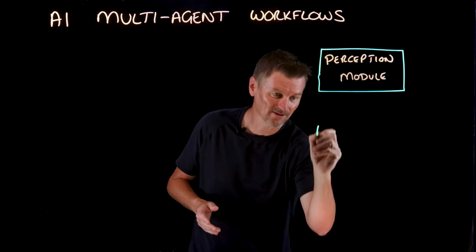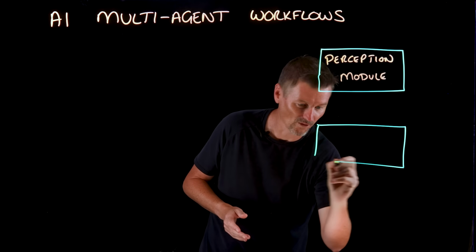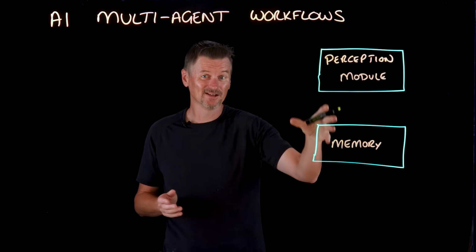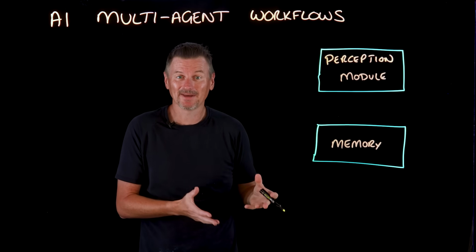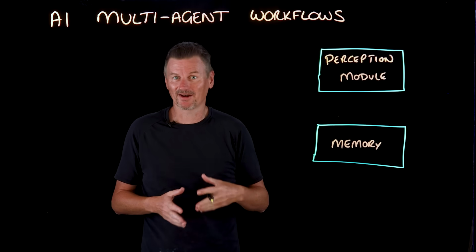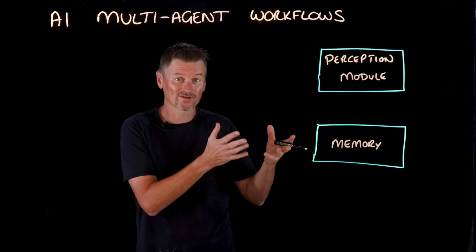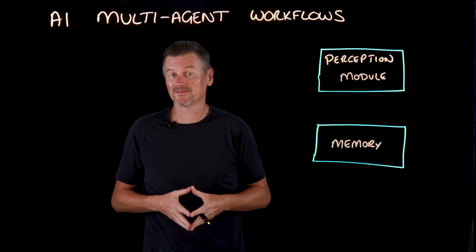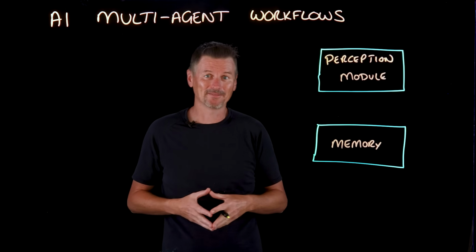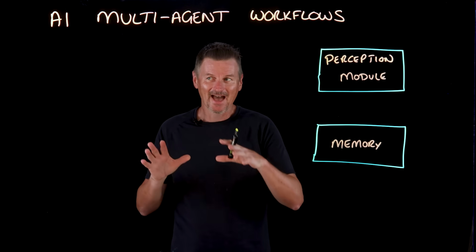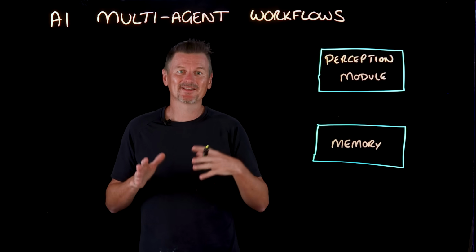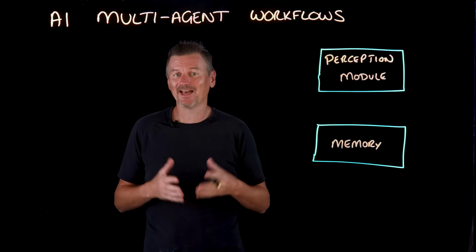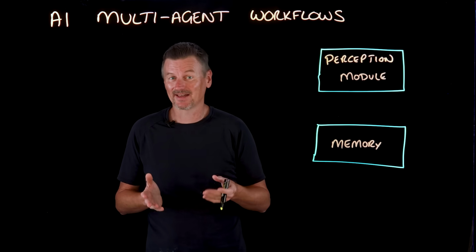Then there's also a component typically for memory. This is the knowledge store. That memory can be working memory for remembering the current context, or it could be long-term memory for knowledge accumulation over time, like domain facts or remembering user preferences. And then there's an assortment of specialized agents, and these are agents that excel at specific domains.